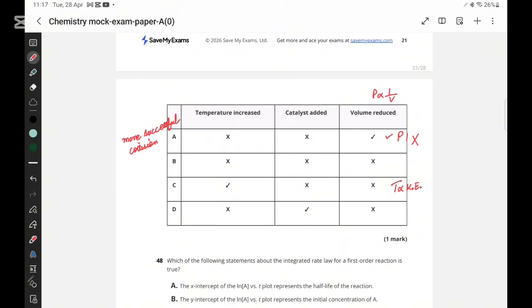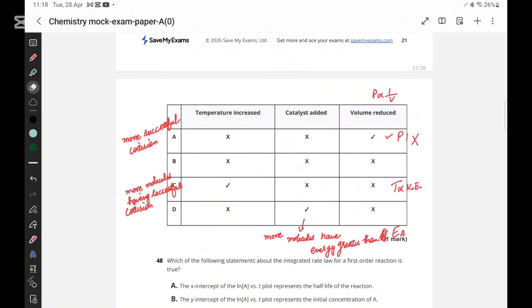Now there should be more molecules having successful collisions, so the graph must move towards the right side. Then afterwards they are saying a catalyst is added. If a catalyst is added, then we are going to have more molecules with energy greater than the activation energy.